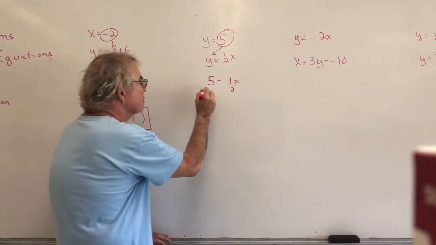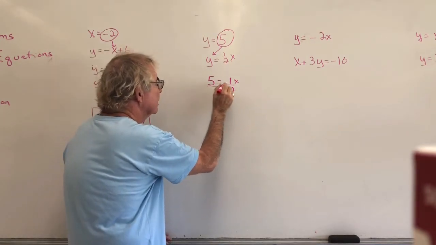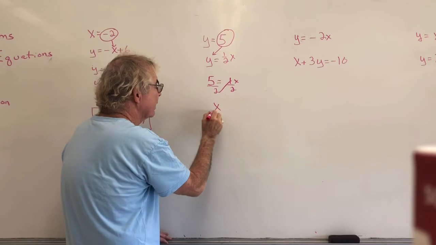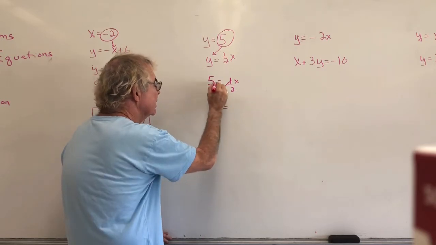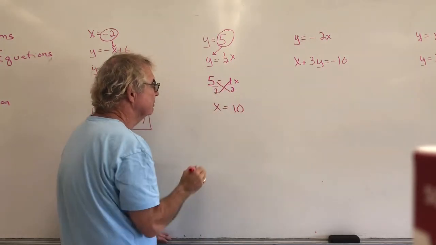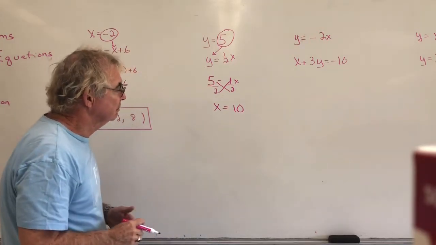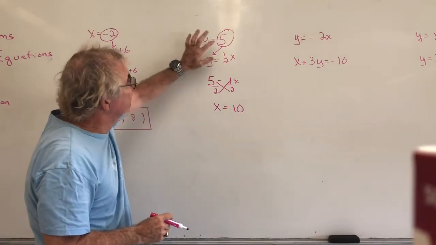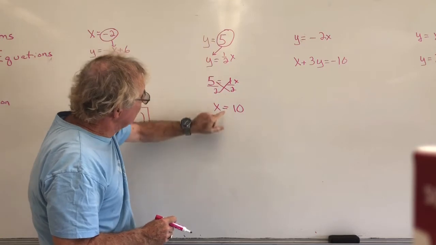Now, if we cross multiply, we get 1x, or x, is equal to 10. So we have y to be 5, and x to be 10.